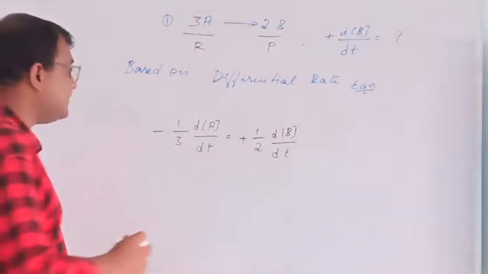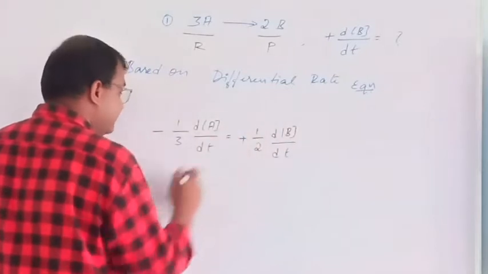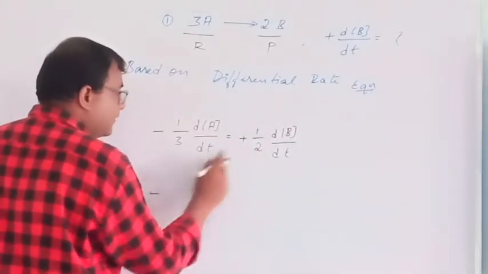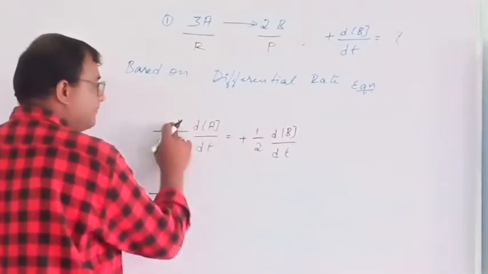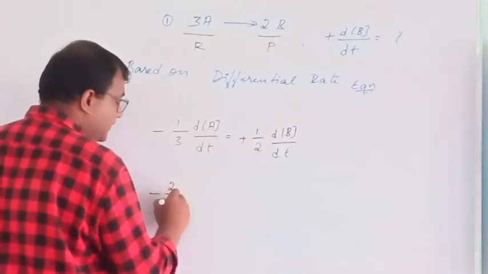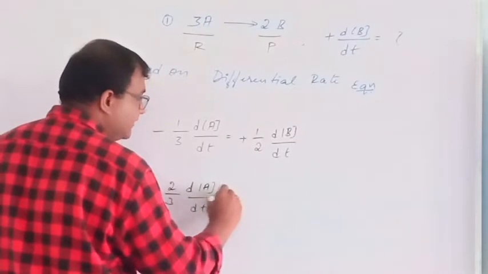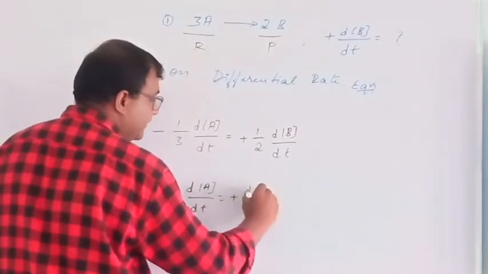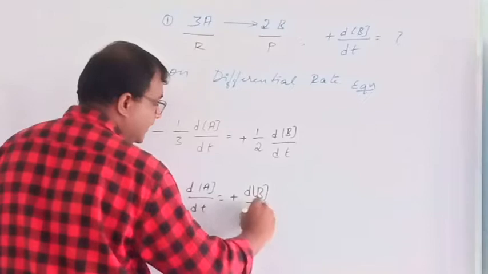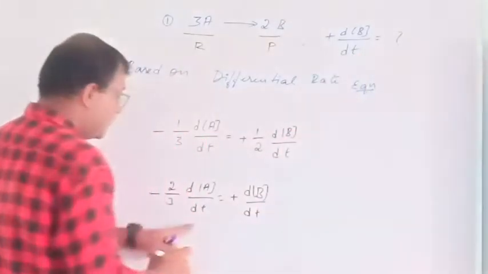Now what is being asked is only this much. Cross multiply: this comes here, minus 2 by 3 dA by dt is equal to plus dB by dt. That's what it is asking. So what is the answer?